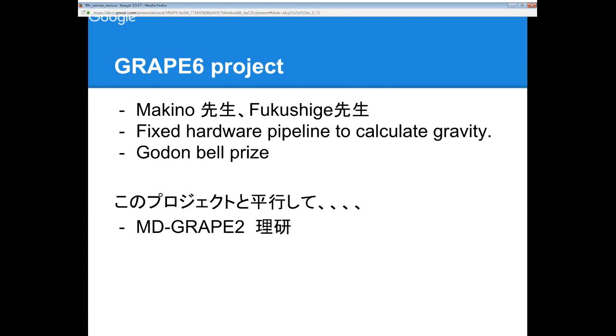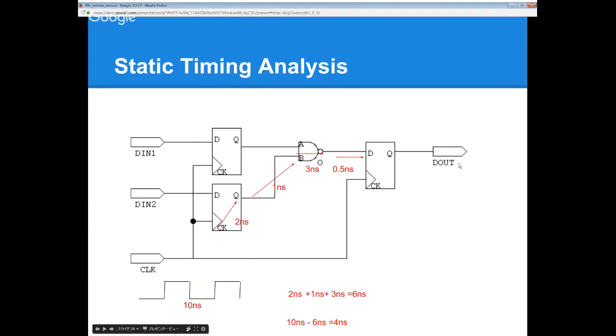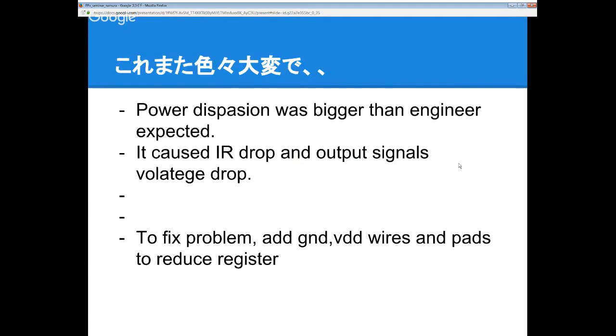And yeah, the project went well, but when the chip came back from the factory, we put the chip on the board and evaluated it. We had some problems with power dissipation.